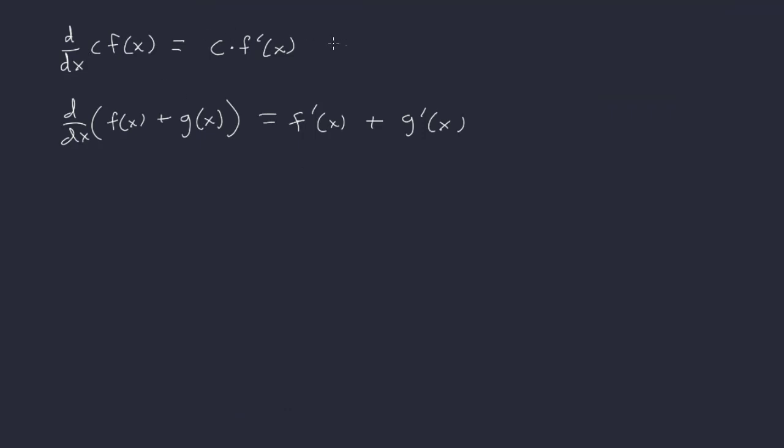So we have these nice rules for constant multiplication and sums. What about products? Some of you may find it odd that I'm jumping straight to the product rule here, if you've seen this before, but there's a method to my madness. But what about products?